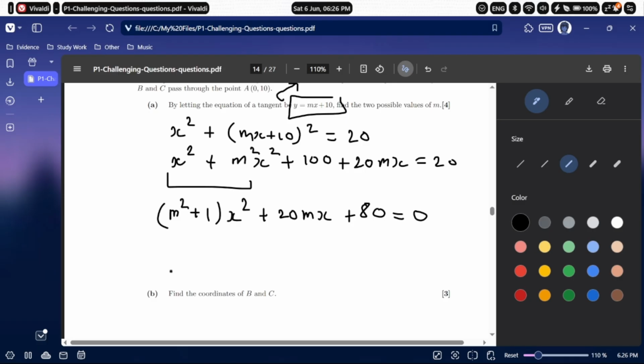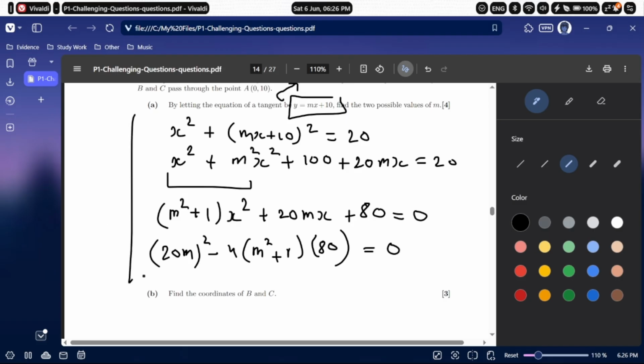So b square, which is 20m the whole square, minus 4ac is equal to 0. There is not enough space. Right?